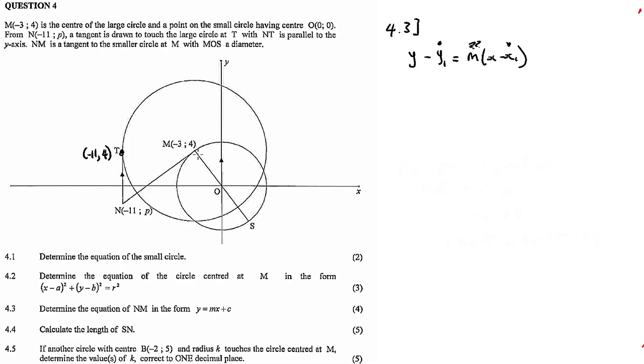Luckily we have a radius which is perpendicular to the tangent. Perpendicular lines, when you multiply their gradients, they must give you minus 1. So I can calculate the gradient of OM.